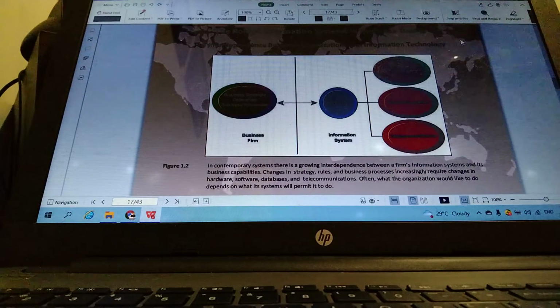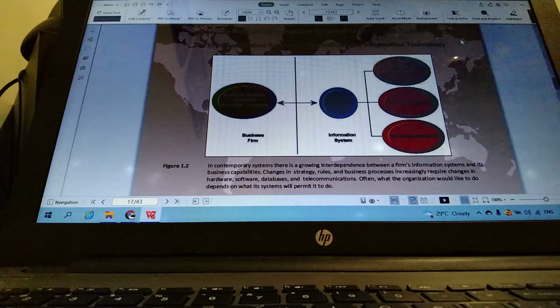So an example of the role of information systems in business today, where there is a close interdependence between organization and IT, is clearly displayed in this slide, where you can see all the business strategies, objectives, and business processes on your left hand side, which belong to the business firm. And on the right hand side, what you have is the IT system.